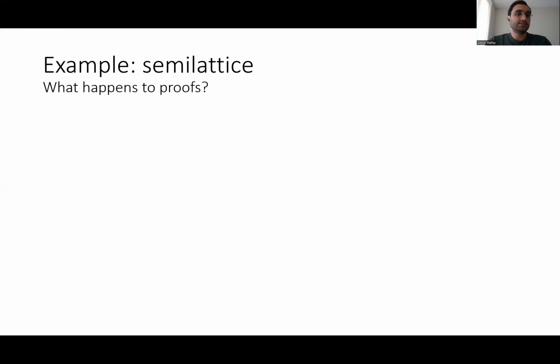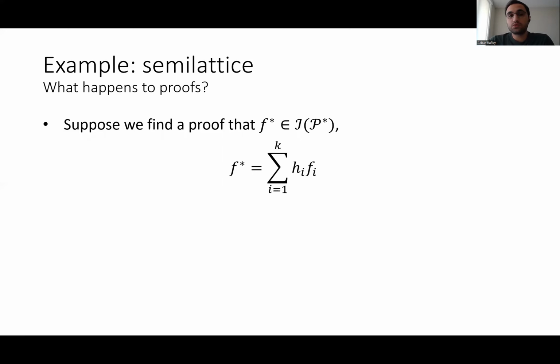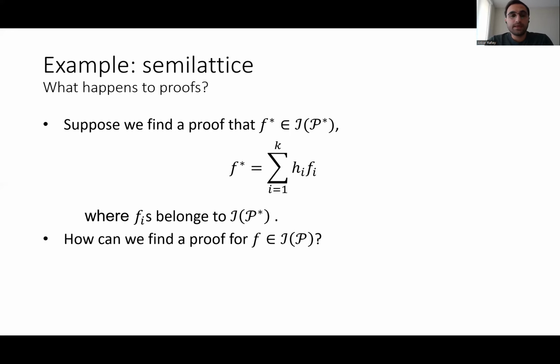All right, this is a nice trick which works for the decision version, but suppose we find a proof that says F star belongs to the ideal of P star. And the proof is as follows, as you see here. Then how can we find a proof for F being in the ideal of P?